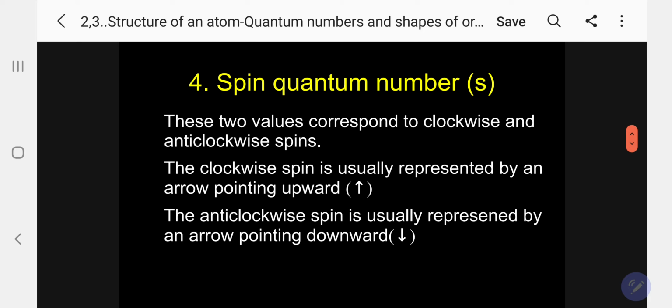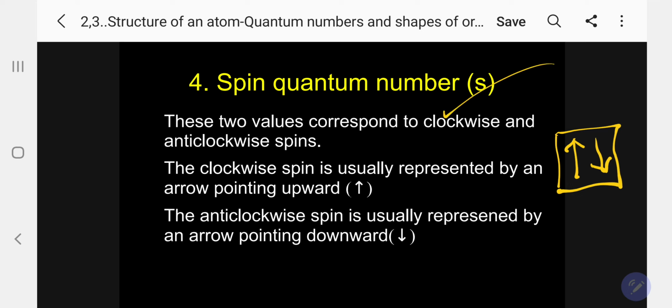And another important point, conventionally, when we are representing in a box, we will write 2 electrons in each orbital like this. One electron pointing upward, another electron pointing downwards. These two values correspond to clockwise and anti-clockwise spin.